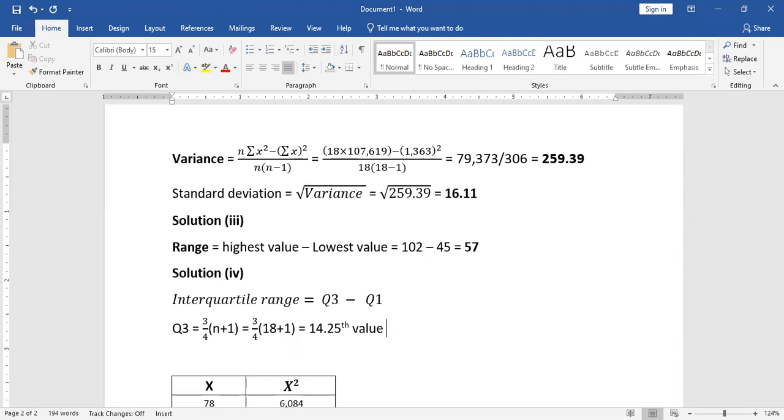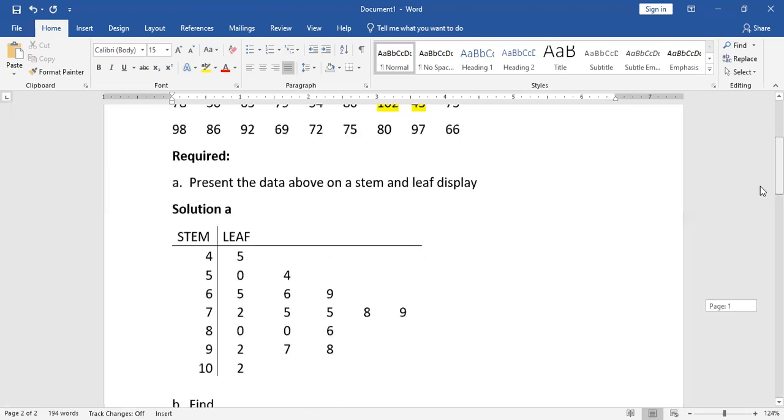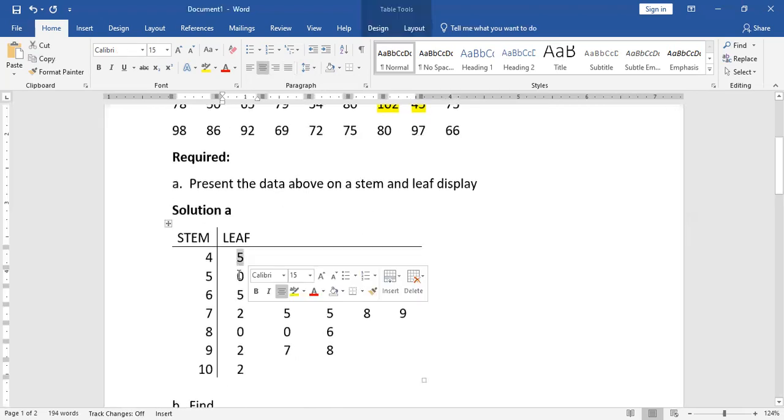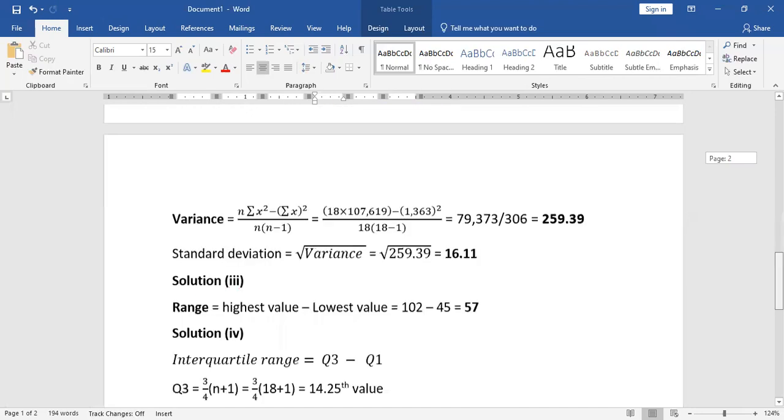So the 14th value, let's count from the stem and leaf. 1, 2, 3, 4, 5, 6, 7, 8, 9, 10, 11, 12, 13, 14. So the 14th value, here we are seeing 6, but literally this is not 6 because in front of it there is 8. So it's 86. 86 is the Q3, quartile 3.